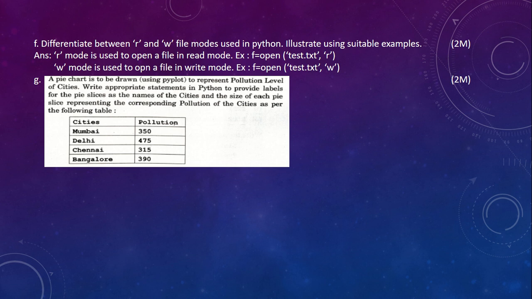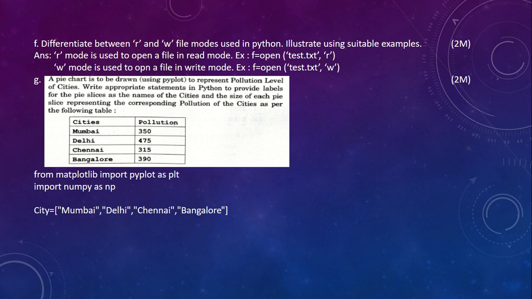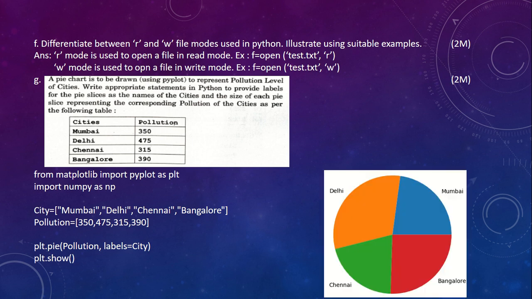So from matplotlib import pyplot as plt, import numpy as np, city equal to, okay, a list is taken, then pollution corresponding values are taken, plt.pie pollution comma labels equal to city, plt.show. So you can see this is the output of the code.